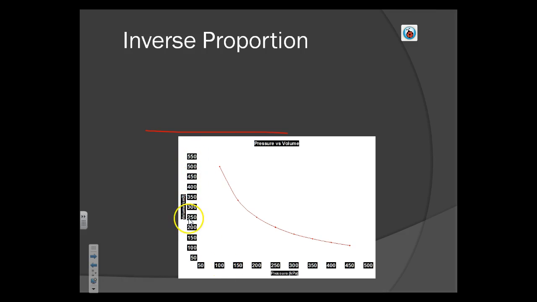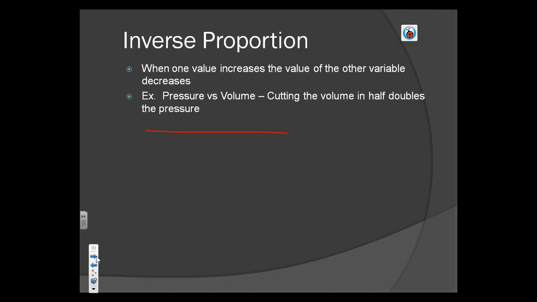If I cut my volume in half, my pressure doubles to 200 kilopascals. So again, when one variable increases, the other variable decreases. And again, you don't have to write my example. They form a hyperbola when graphed. You are going to need to know the graphs of both direct and inverse proportion, the shape of those.